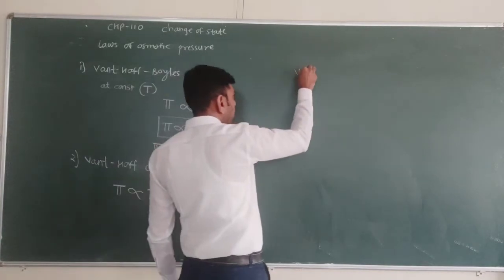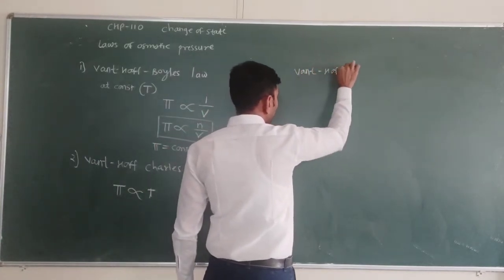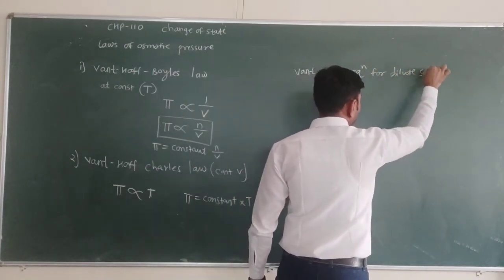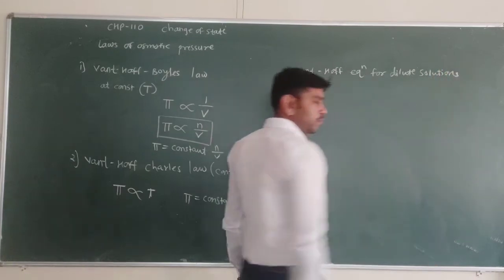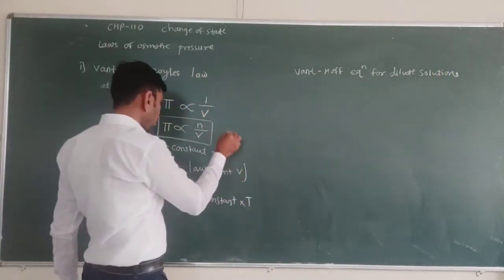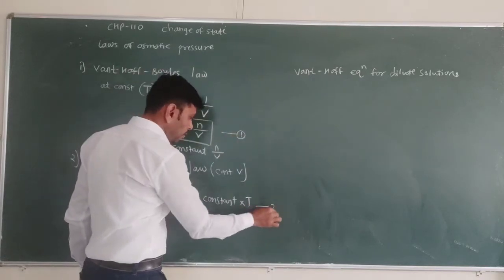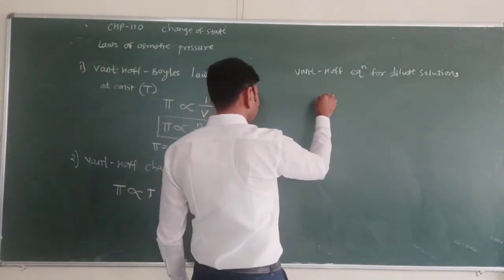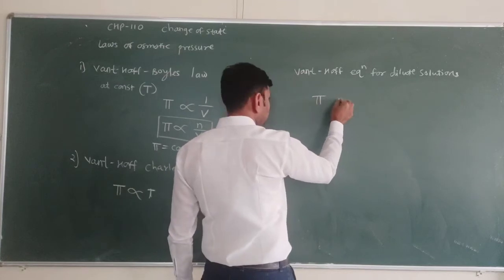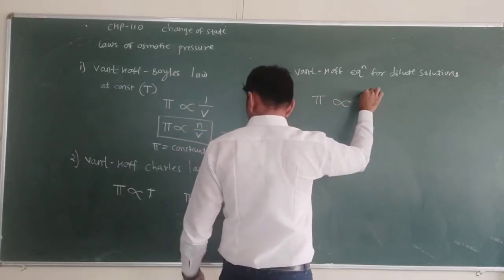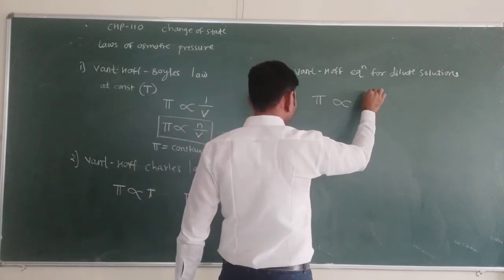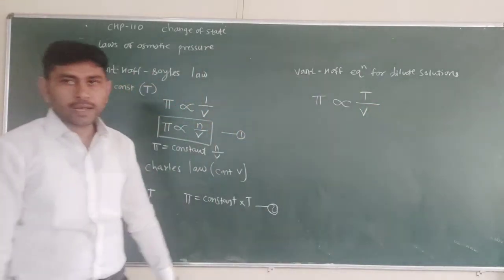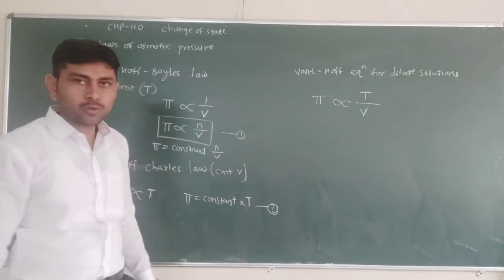See here Van 't Hoff equation for dilute solutions. By combining these two laws, we can write that pi, the osmotic pressure, for 1 mole is directly proportional to temperature and inversely proportional to volume.